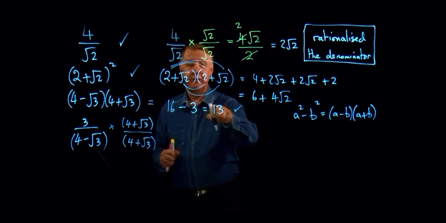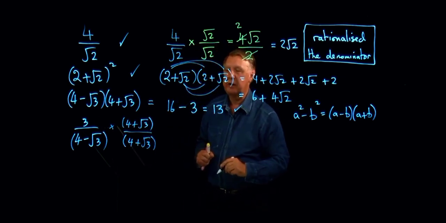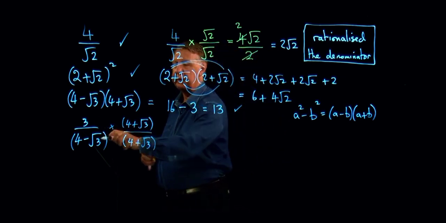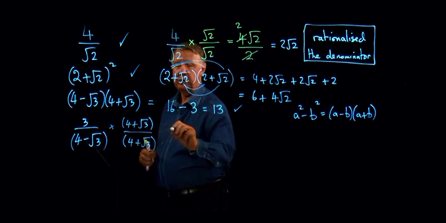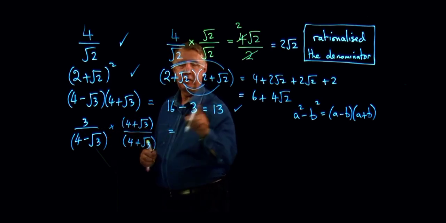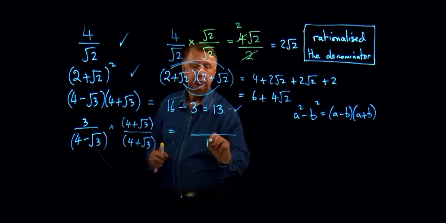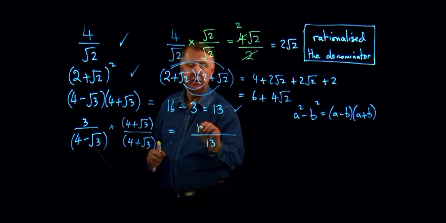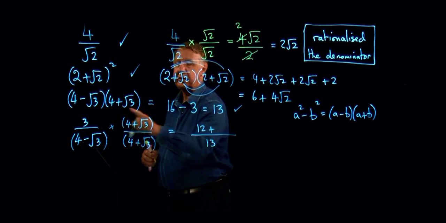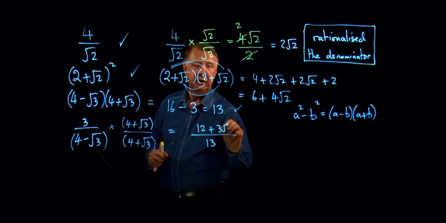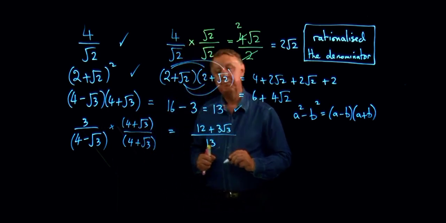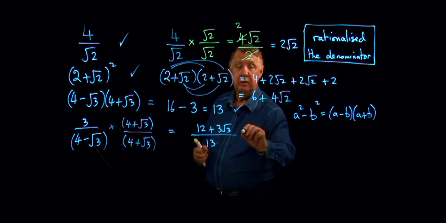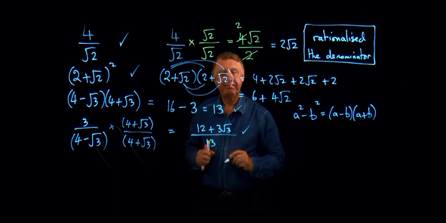Because it managed to get rid of the square root of 3. So I will use that on the bottom line. And so the bottom line becomes 13. And then on the top line, 3 times 4 is 12. 3 times root 3 is 3 root 3. And that's the answer. It's done.